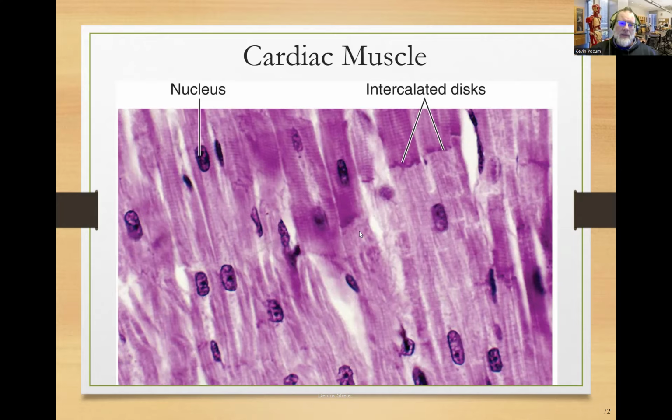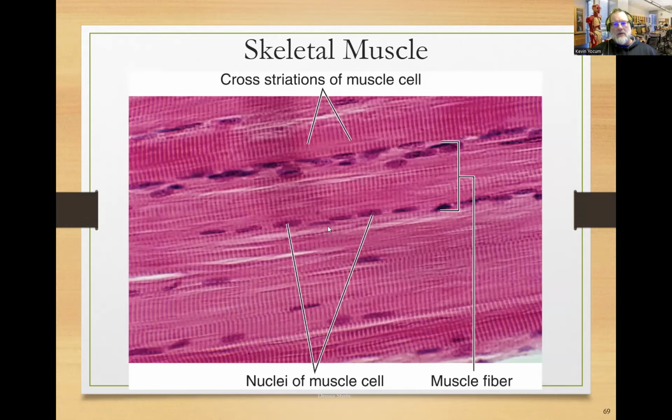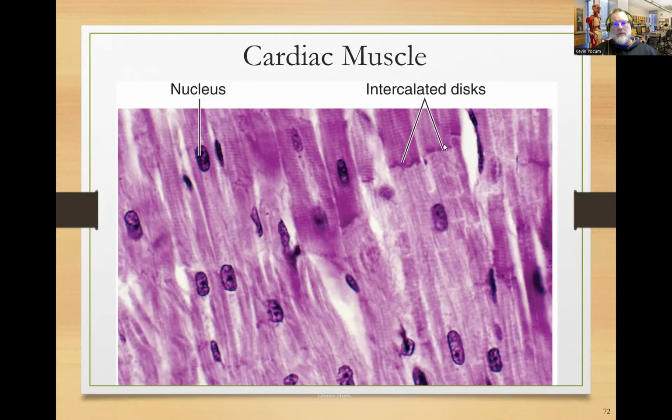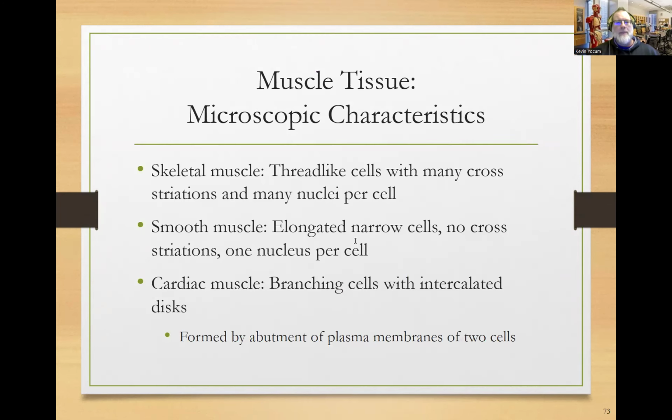So that tells me that I'm looking at heart tissue. I have all these striations, but notice how they're not as neatly arranged as in skeletal muscle. It's a less parallel arrangement. Thread-like with many cross striations, branching cells with intercalated discs, elongated narrow cells, one nucleus per cell. Skeletal is multinucleated.